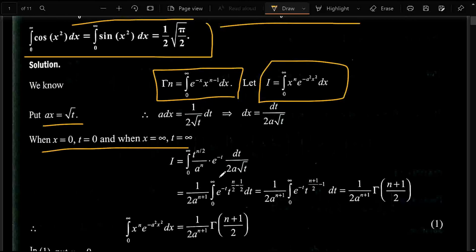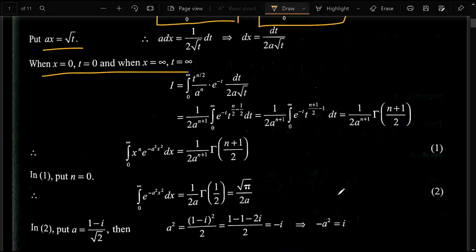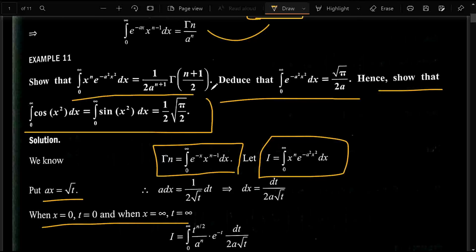These are simple integrations, taking a common 2 outside, and then this is t to the power 1 by 2, and this is t to the power n by 2, and so on. This is simple guys. Just looking at the integration, you can find how it came, and at last we get this, and that's what we had to prove.